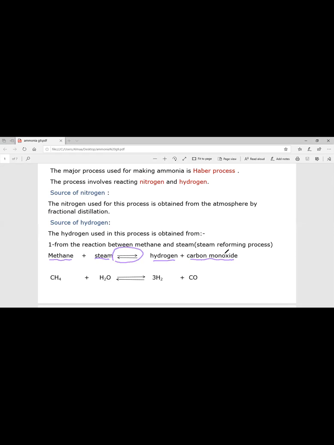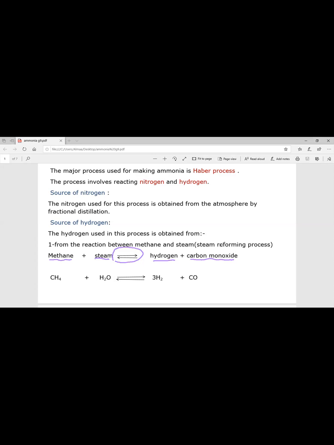Again, the source of hydrogen for the Haber process is, number one, the reaction between methane and steam. Methane reacts with steam to produce hydrogen and carbon monoxide.